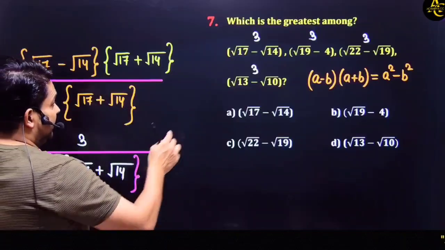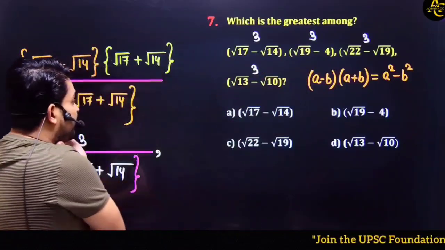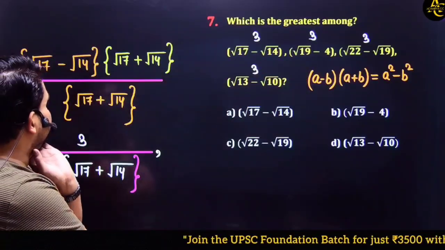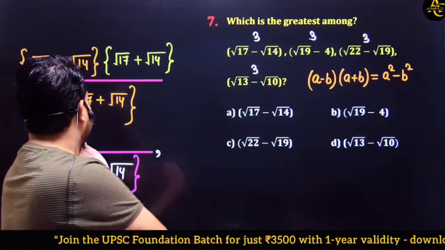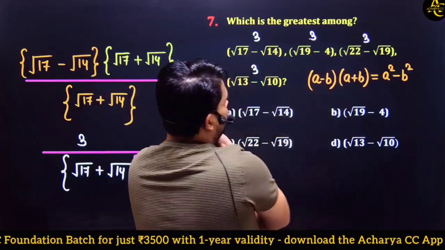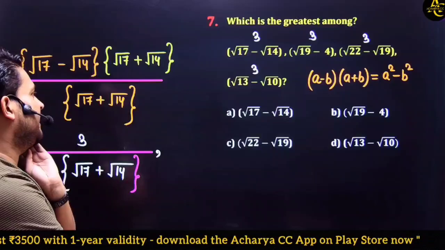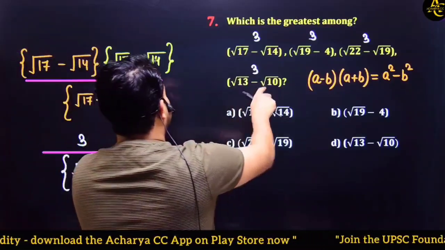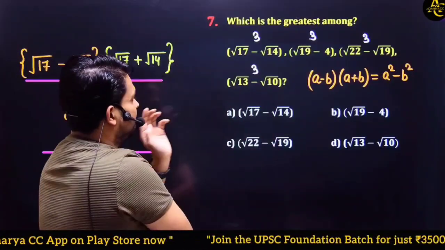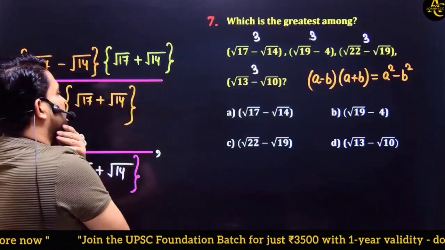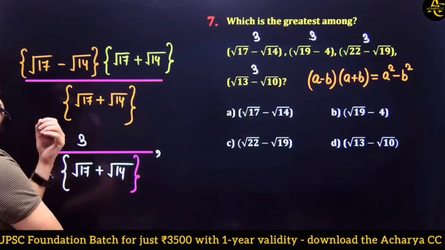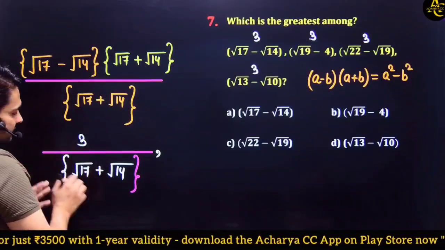I can write this number as 3 upon root 19 plus root 16, this as 3 upon root 22 plus root 19, and this as 3 upon root 13 plus root 10, because there is a plus sign between.